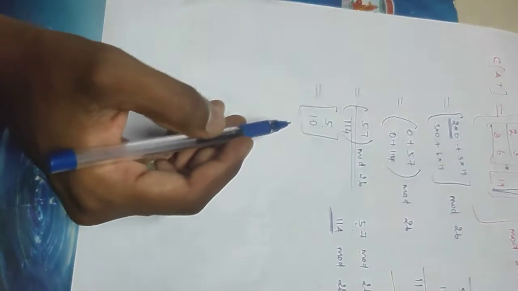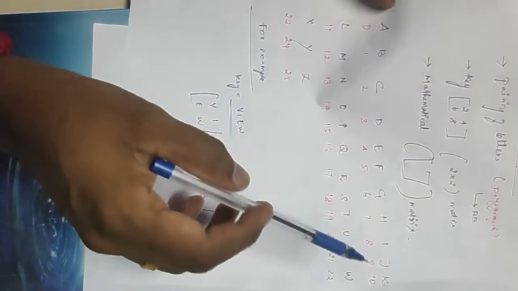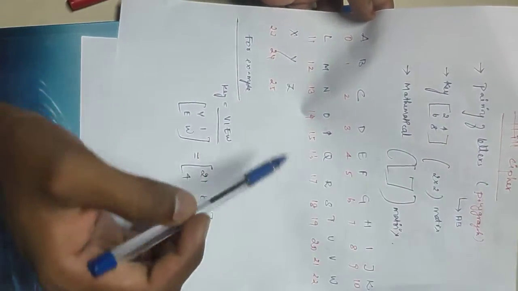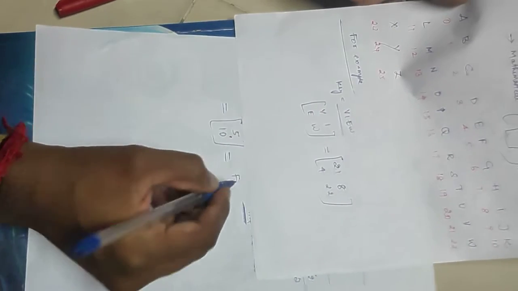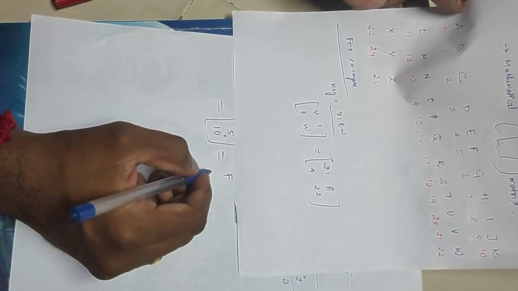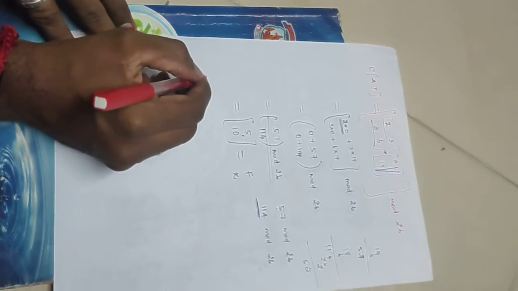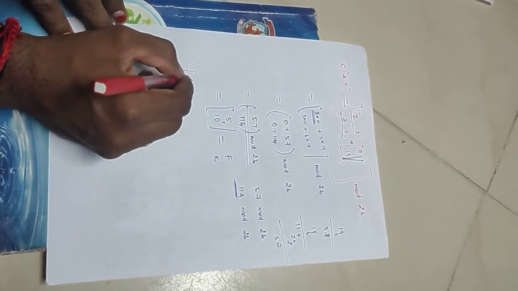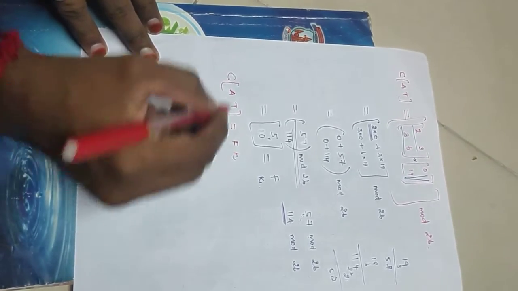Then we convert these numbers back into letters, because we need the ciphertext in the form of characters. What is the equivalent of 5? That is F. What is the equivalent of 10? That is K. So the ciphertext of AT is FK.